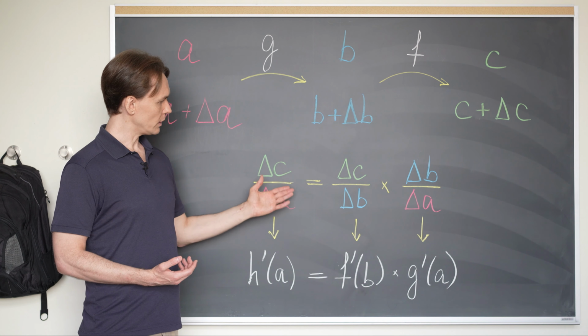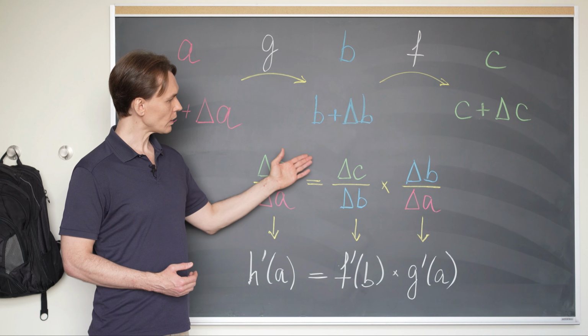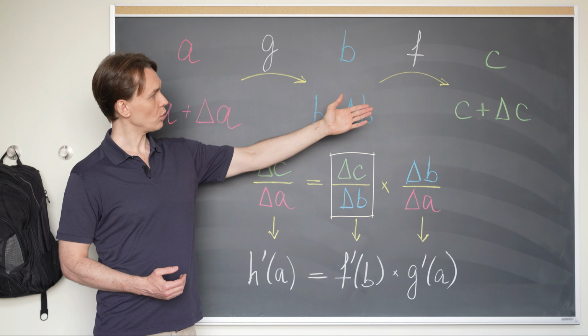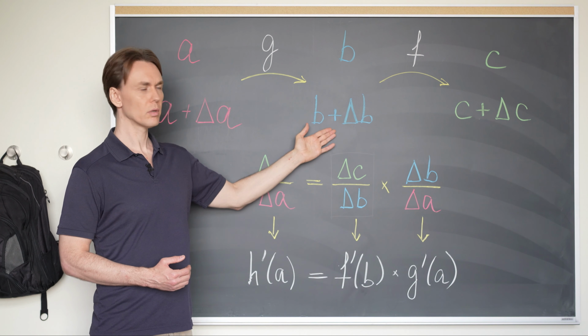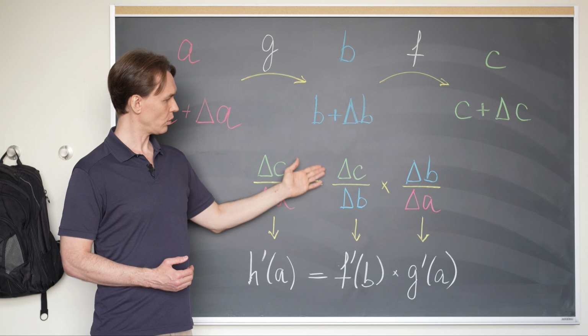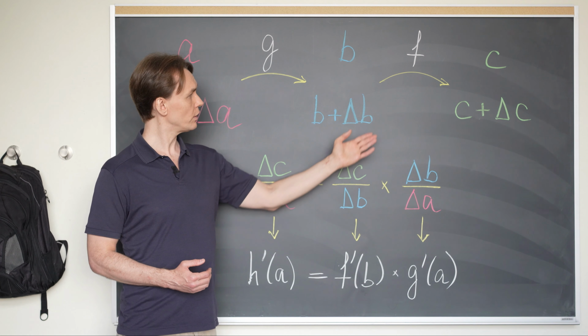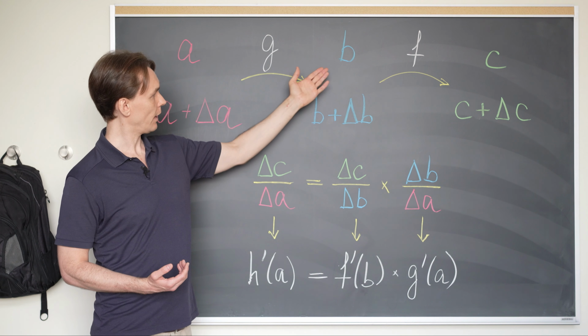But then if you consider these two new factors separately, the first one gives you the rate of change of the output of your function f relative to the input. So when delta b goes to 0, here you will just get the definition of the derivative of this second function f evaluated at this point b.